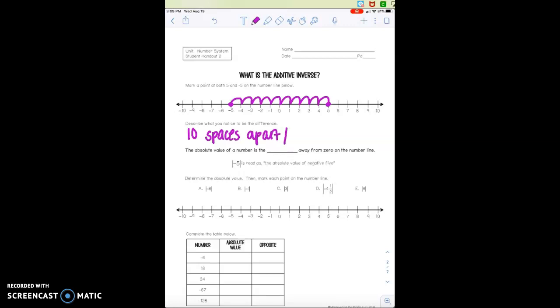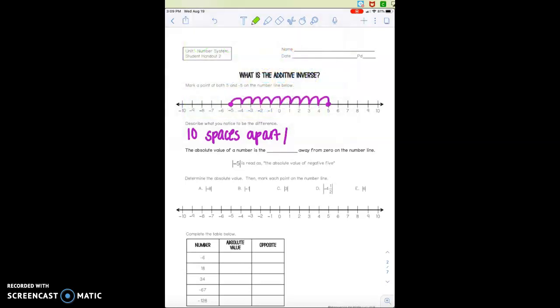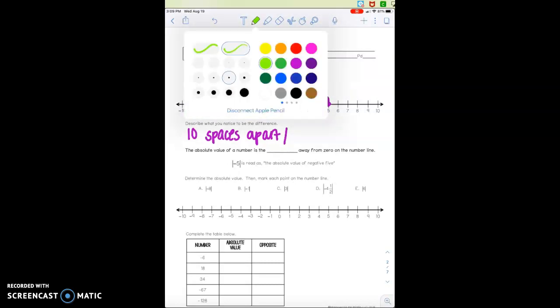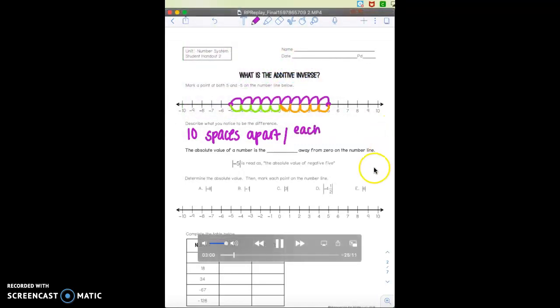But the other thing I want you to notice is that they are both a certain number of spaces away from 0. So I'm going to see that -5 is 5 spaces away from 0. And here I'm going to also see that +5 is also 5 spaces away from 0. So that's what I'm going to write right there.